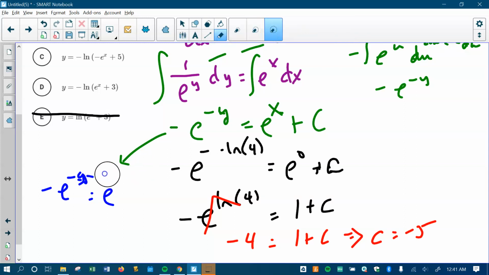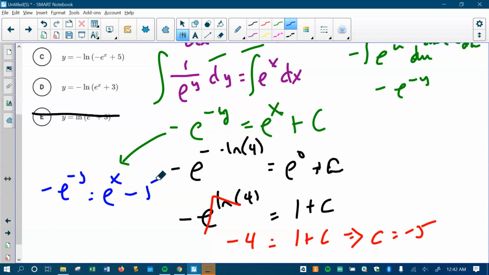That's not helpful. Okay, let's try that again. Negative e to the negative y equals e to the x minus 5. Okay, let's go and divide by a negative. So we're going to get e to the negative y equals negative e to the x plus 5.